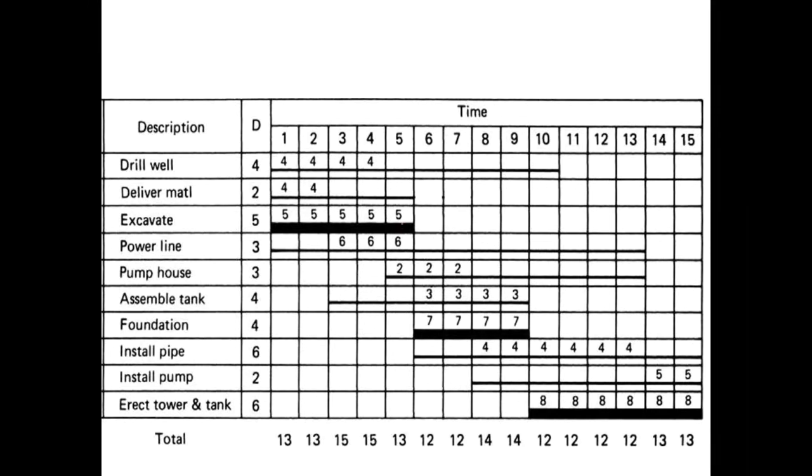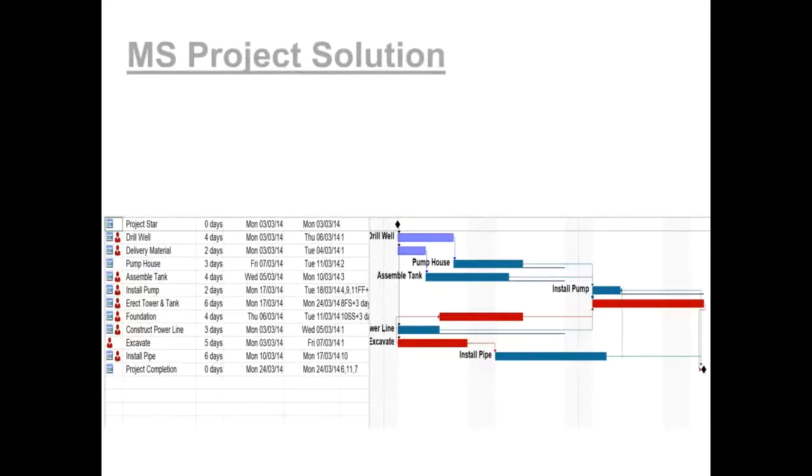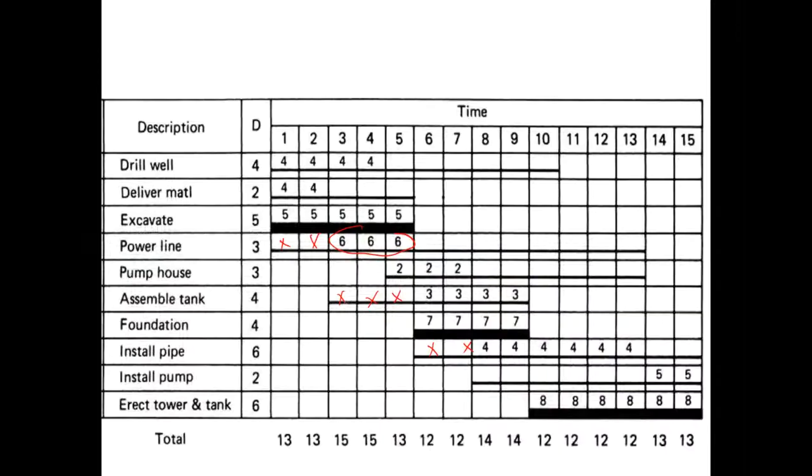The way it is done is by using the float within the power line activity, so the work was postponed. Here also the decision was taken to use the float on the assembly of tanks, and also some usage of float on the installation of pipes to get a slightly better resource profile.